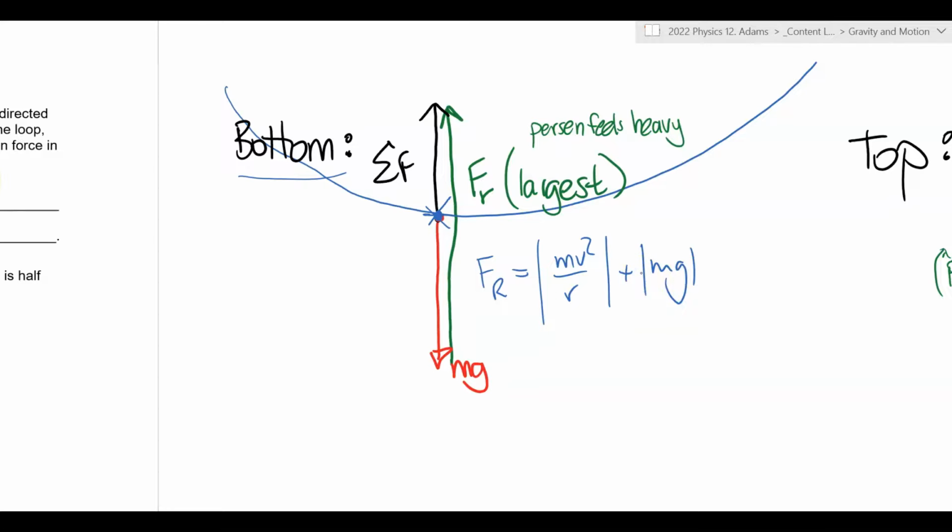That's why it's really big at the bottom. You'll feel heavier. The person feels heavy. Easy. There's only one scenario there. How big that has to be? Well, that depends upon how fast they're going, mv squared on r. That depends on these variables here. But either way, it's bigger than normal.